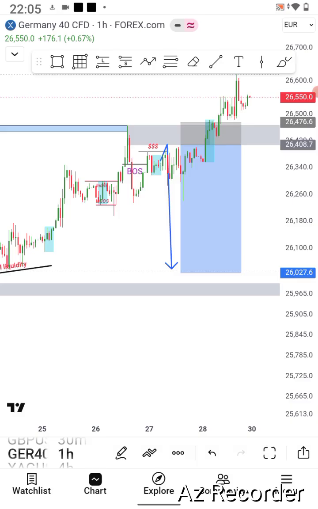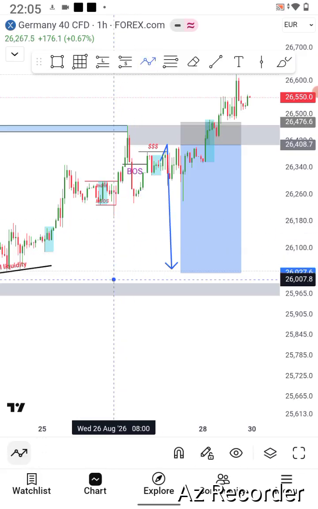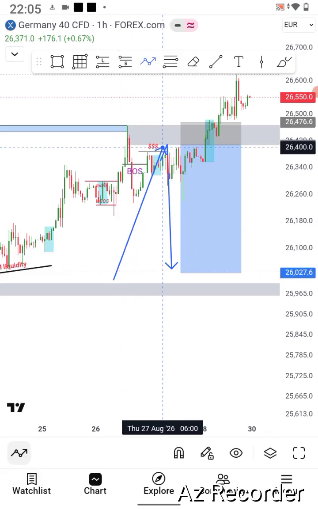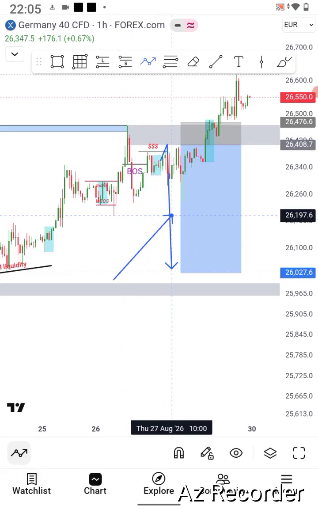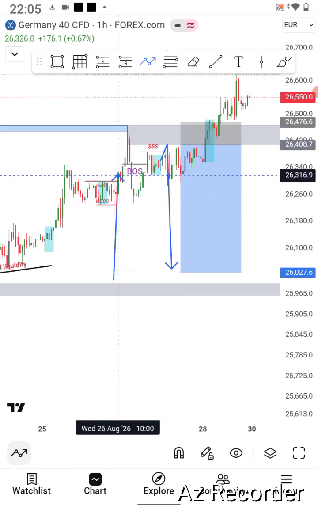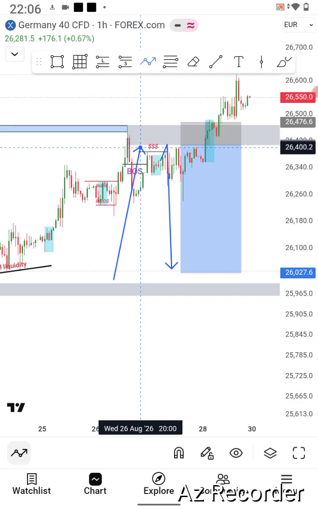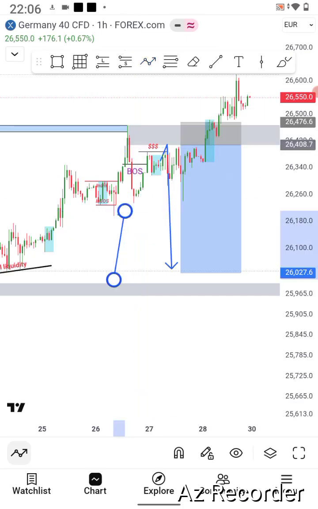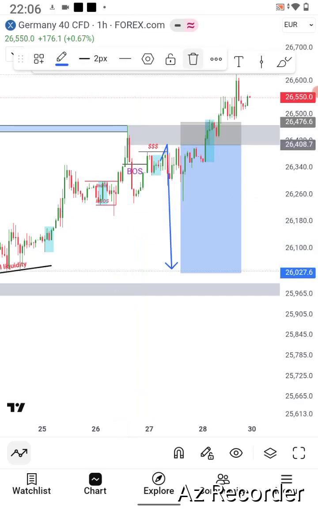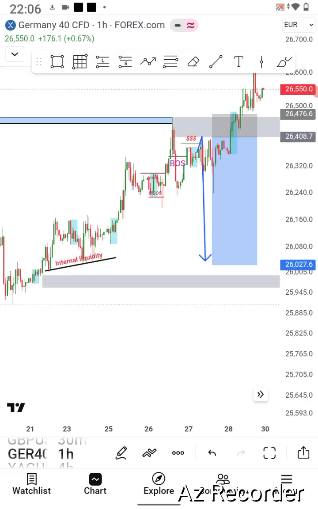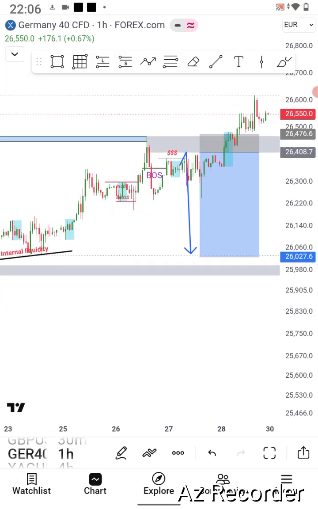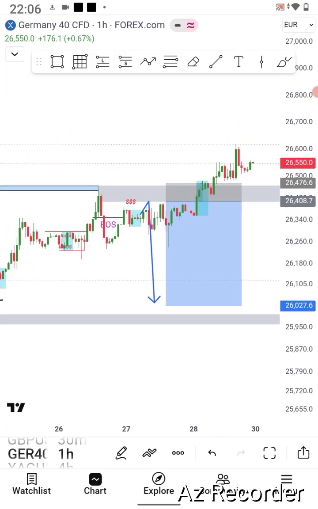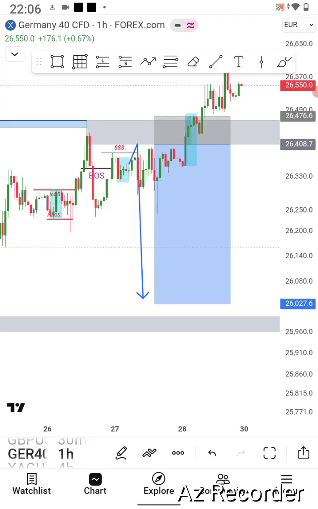Right, so I wanted market to come here, tap and give us a drop. Market had given us everything we wanted to see. It gave us an inducement and everything, just the way we trade it. Everything was complete, and then I was just waiting for market to trigger.